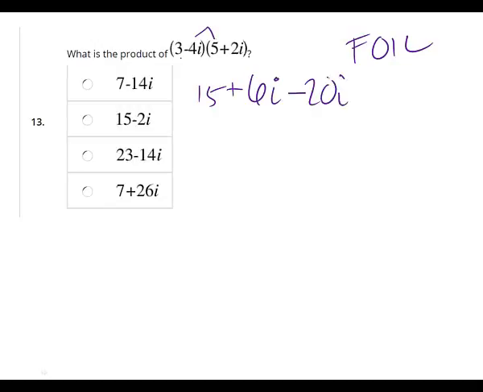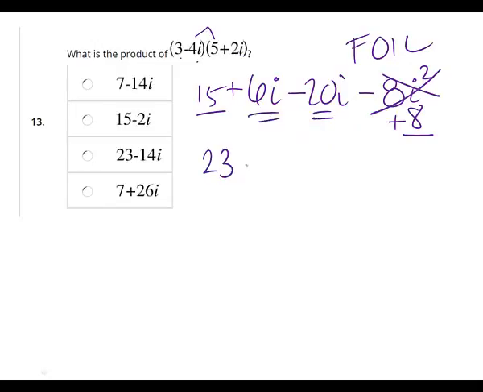Negative 20i. Good. Negative 4i times positive 2i. Negative 8 what? i squared, better known as negative 1, so positive 8. So what's 15 plus 8? 23. 6i and negative 20i, negative 14i. So it should be that third one.